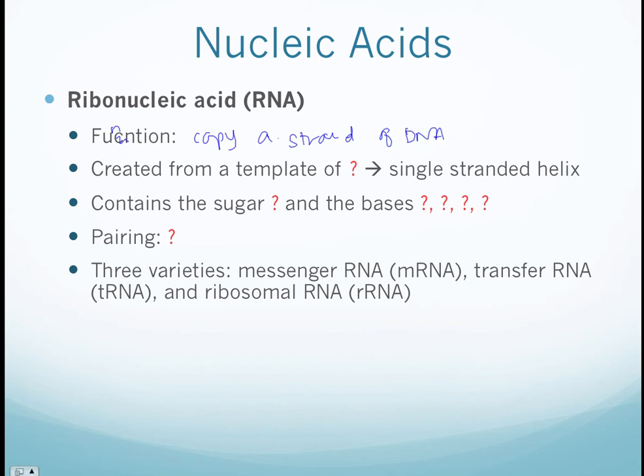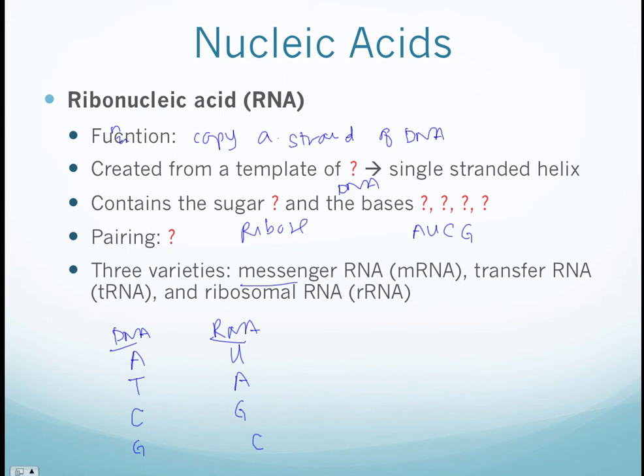And so it's created from a single template of DNA, contains a sugar ribose, and the bases are A, U, C, G. And so let's say we have DNA, what's our RNA going to be? If our DNA is A, what's RNA going to be? It's going to be U. If we have T, what's our RNA going to be? It's going to be A. If we have a C, we're going to have a G on RNA. And if our DNA is G, we're going to have a C on RNA. All right? So we're making a photocopy of that.